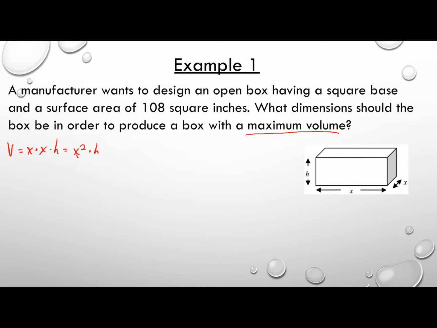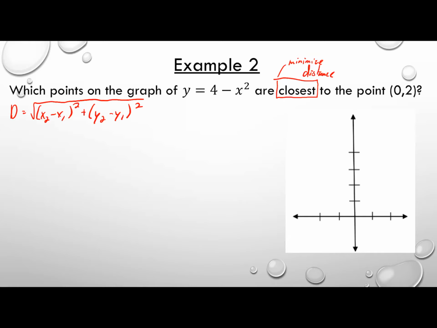Distance is equal to the square root of x2 minus x1 squared plus the quantity y2 minus y1 squared. It's derived from the Pythagorean theorem, a squared plus b squared is equal to c squared. Basically, that's all this formula ultimately comes down to. So that is how you find the distance between 2 points.